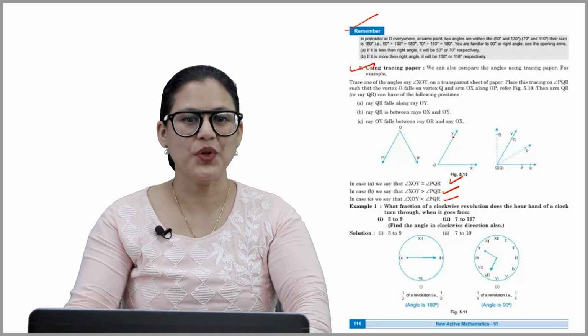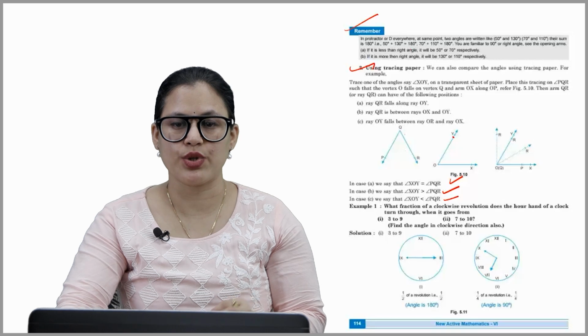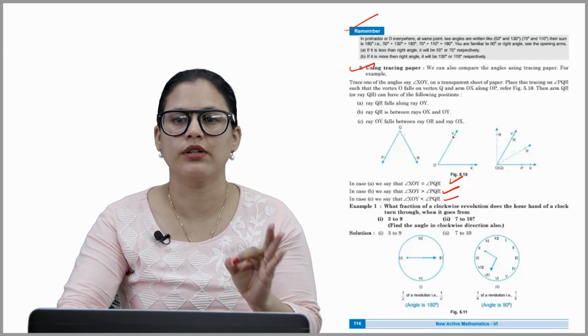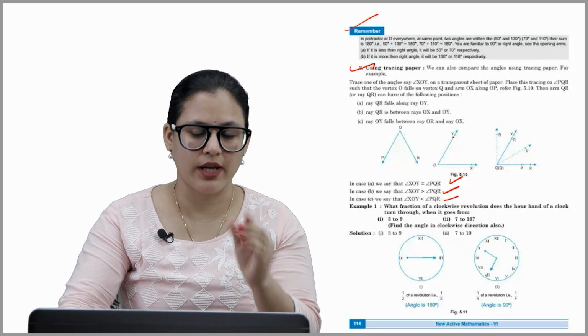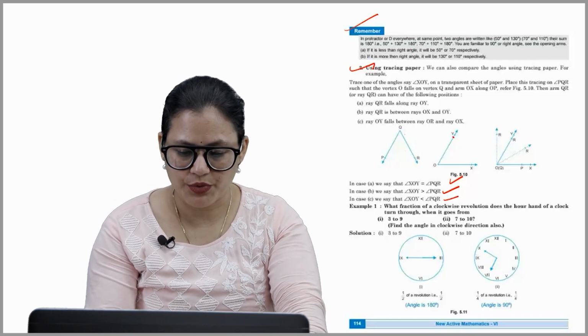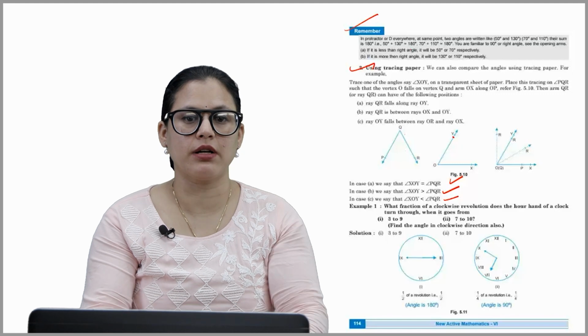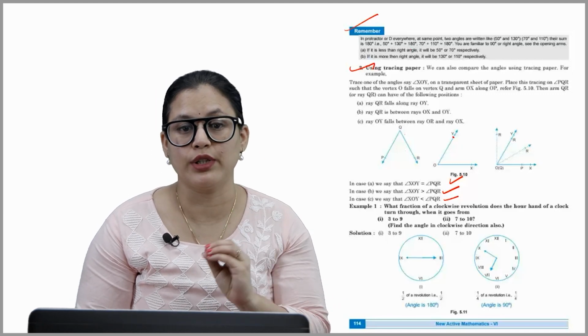Example 1. What fraction of a clockwise revolution does the hour hand of a clock turn through when it goes from 3 to 9? See the clock, it is moving from 3 to 9. So it has made a straight angle, or you can say half of a revolution.